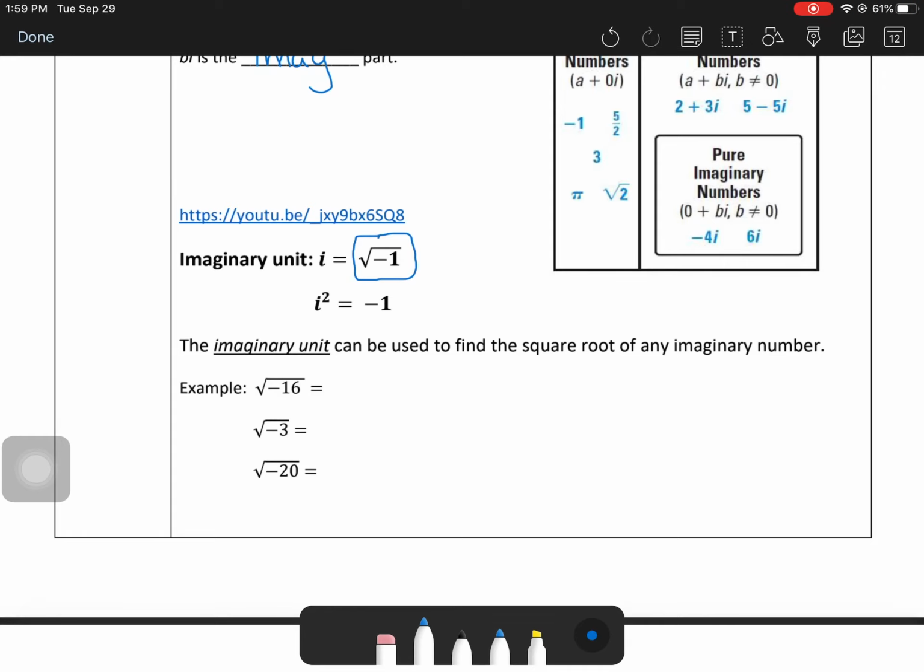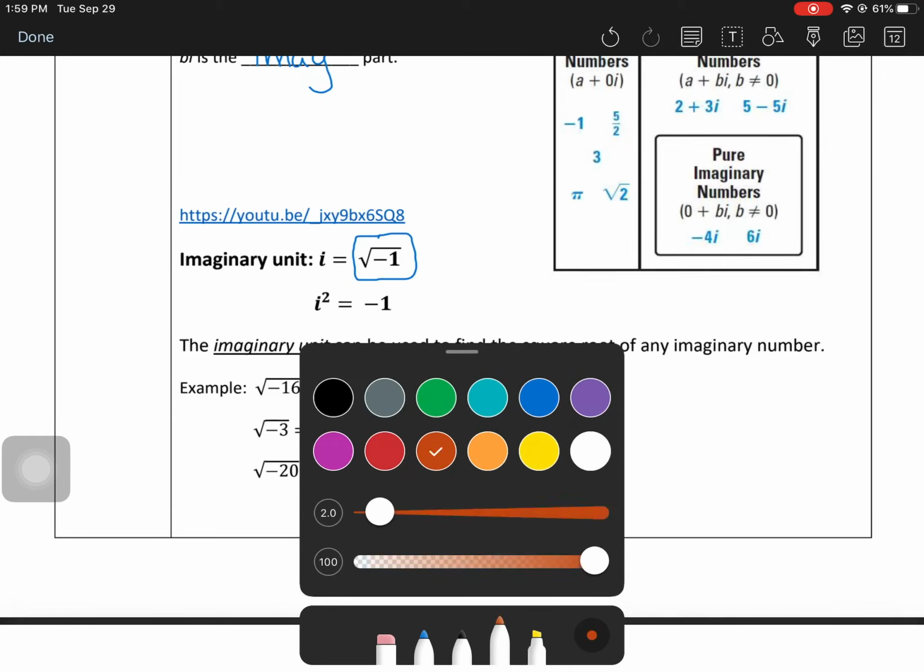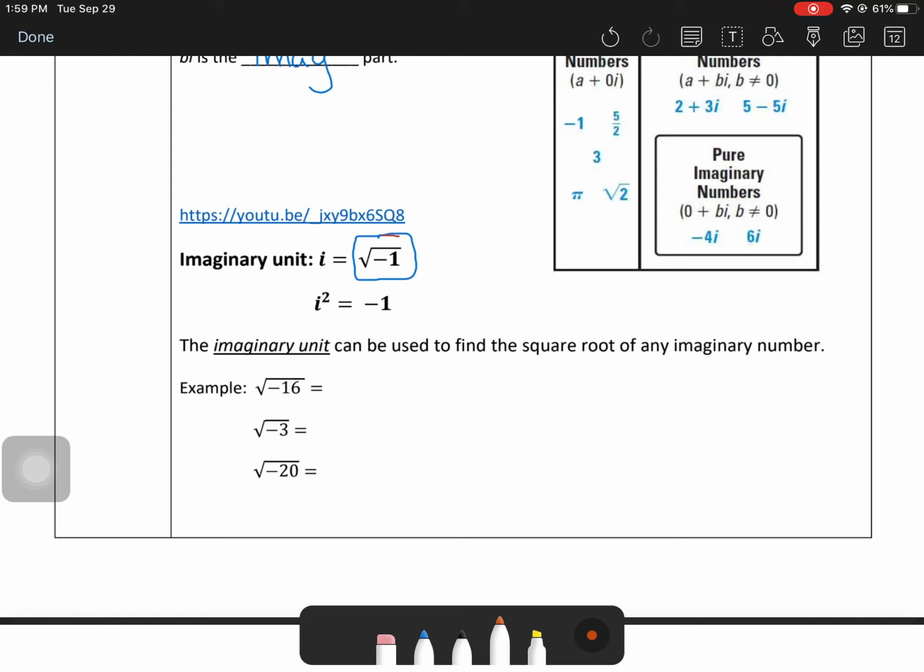All along in your previous courses, when we would take the square root of a negative number, we would say that there is no solution, but there is no solution in the real number system. So i is the square root of -1. And then if we square it, in other words, we would multiply the square root of -1 times the square root of -1.